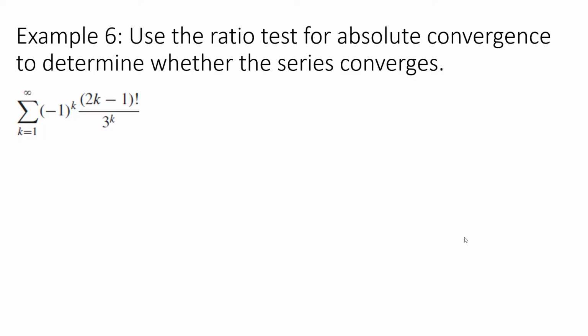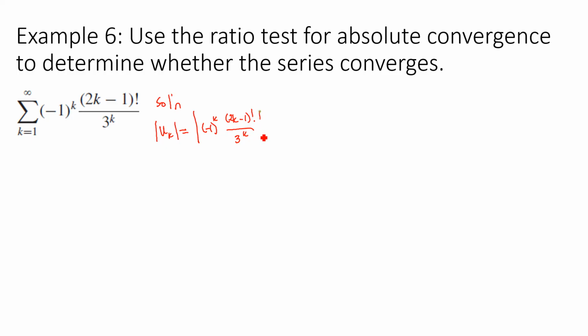So the absolute value of u sub k is equal to the absolute value of negative 1 raised to k times the quantity 2k minus 1 factorial over 3 raised to k.